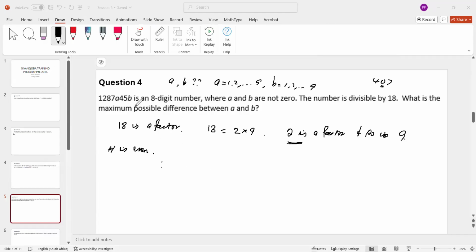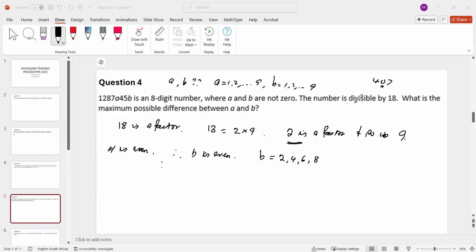For a number to be even, the last digit is even. So therefore B is even. And B is coming from 1, 2 up to 9, and you're looking at an even number from there. So B is equal to 2 or 4 or 6 or 8. You see, you brought it down from 9 possibilities to only 4 possibilities. All right, so that takes care of B.